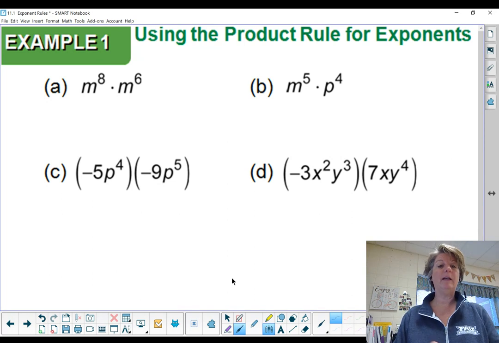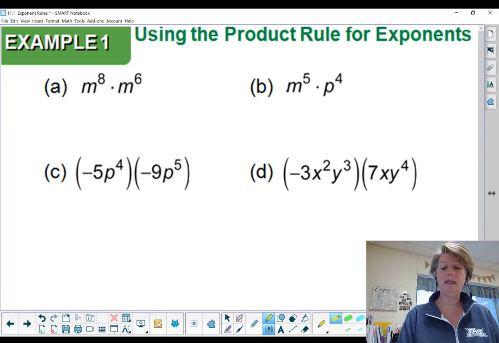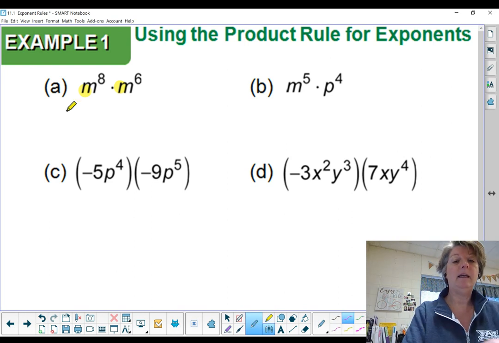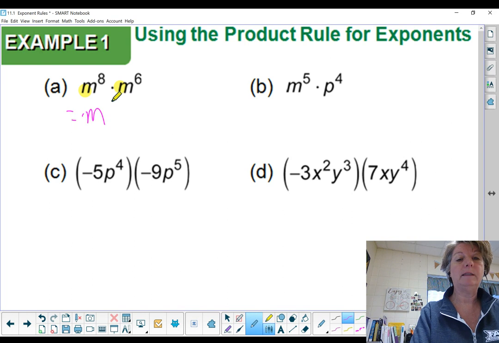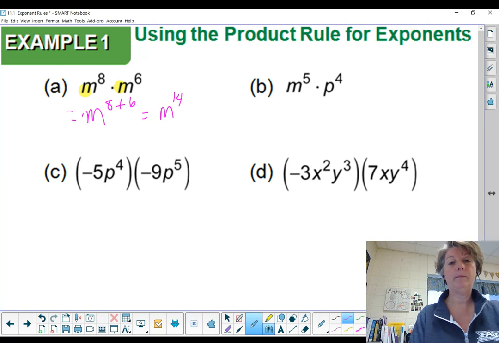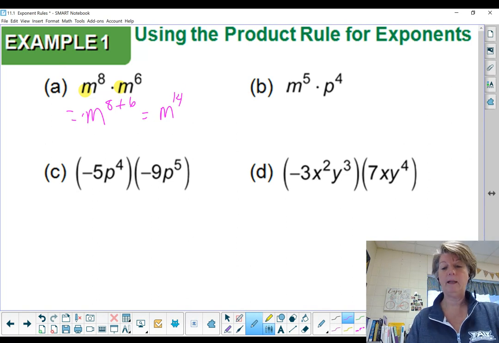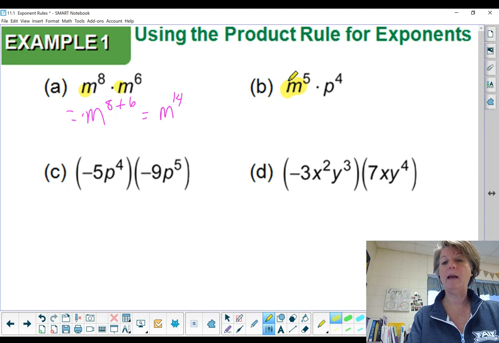When I look at these, the first thing that I notice is that I have 2 bases that are the same, which allows me to put it together as m, 8 plus 6, which gives me m to the 14th. Final answer.